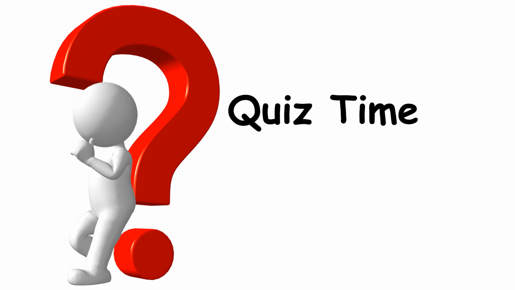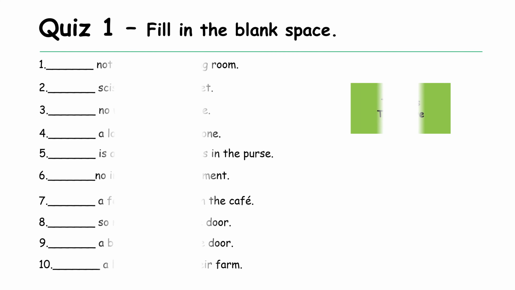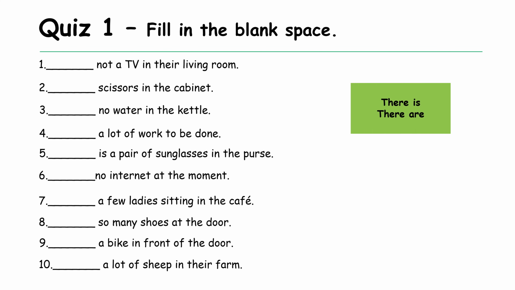Quiz time. For quiz 1, I would like you to fill in the blank spaces with the expression there is or there are. You have 30 seconds to prepare your answers. After 30 seconds, I'll show the correct answers so that you can cross-check.